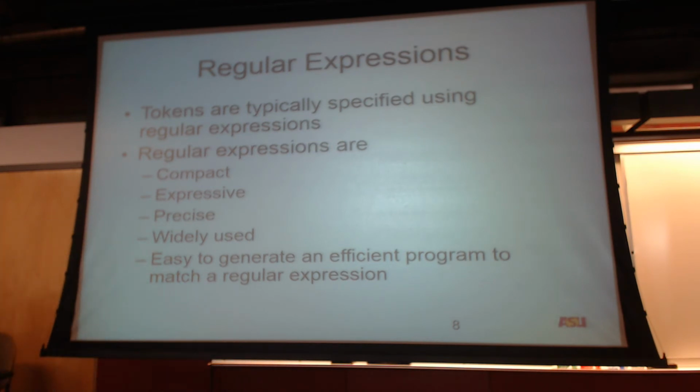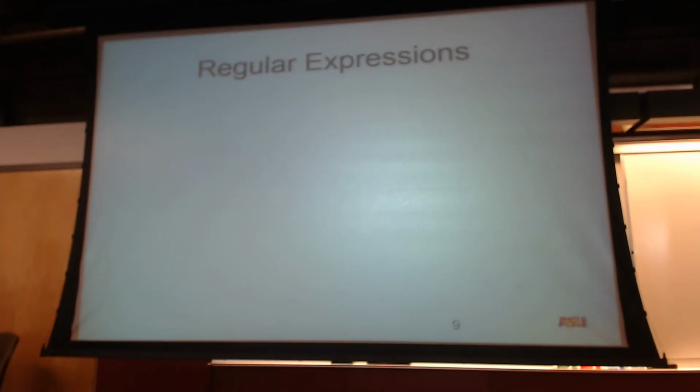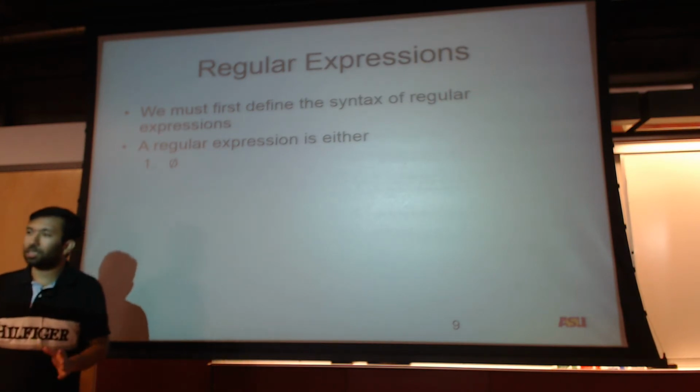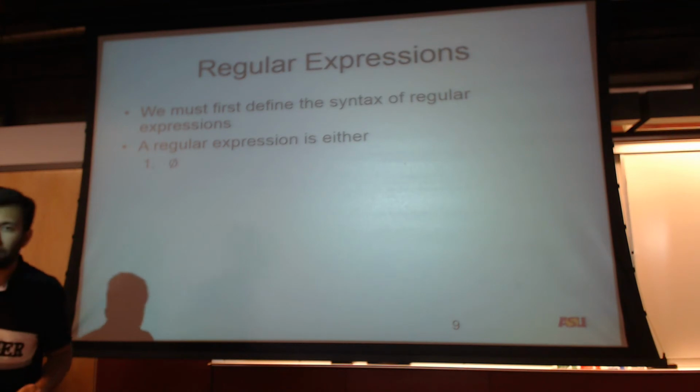So let's talk about it. If we want to define regular expressions, we have to learn the syntax of regular expressions. There are certain rules. A regular expression can be the following. It can be phi. What is it? Phi is an empty regular expression. Again, this is another concept that scrambles the brain.